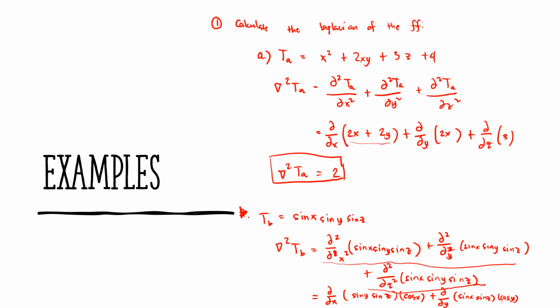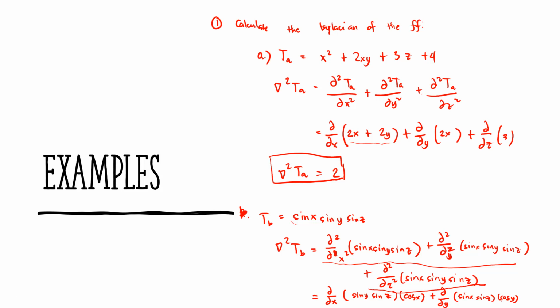Sine y multiplied by sine z times the derivative of sine x. So we will only derive sine x. So the derivative of sine x is cosine x. Okay? And then with respect to y, you have sine x, copy sine z, and then differentiate sine y.